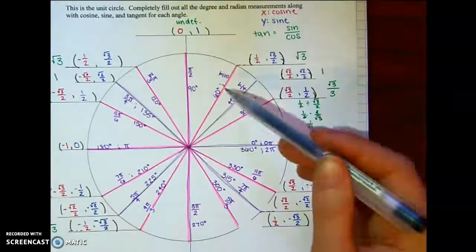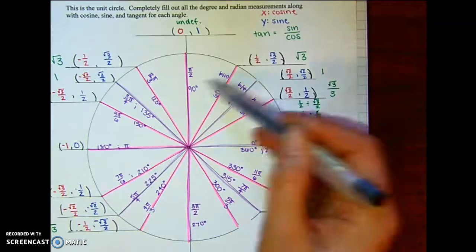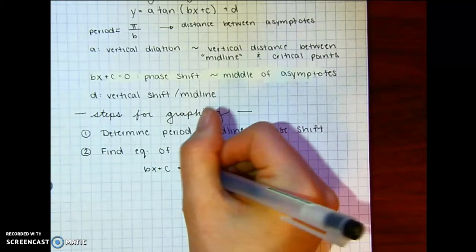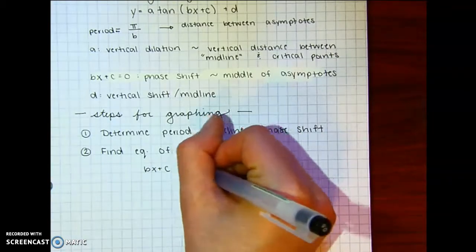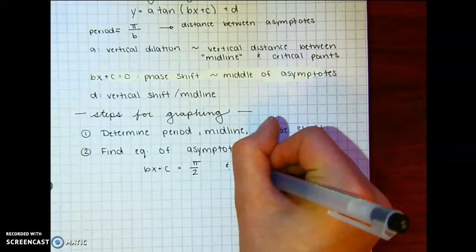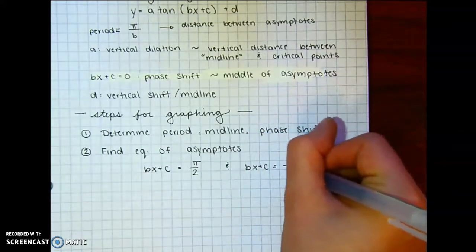And then, because we want negative values too, we're going to go from negative pi over 2 to pi over 2. So you're going to do bx plus c equals pi over 2 and solve for x, and bx plus c equals negative pi over 2 and solve.